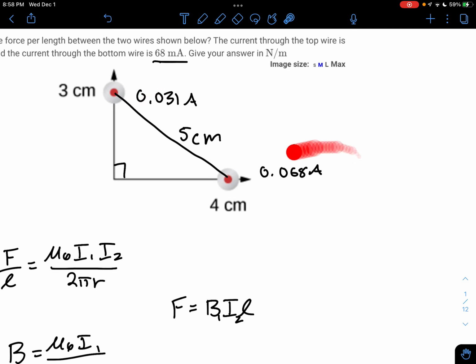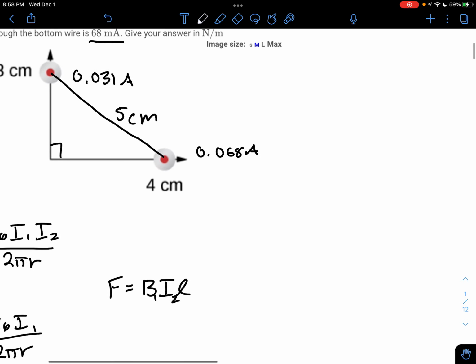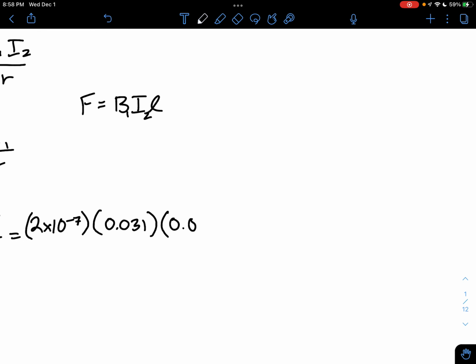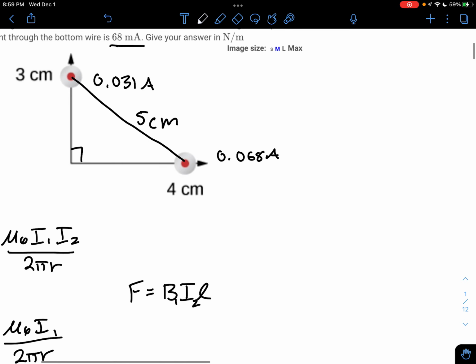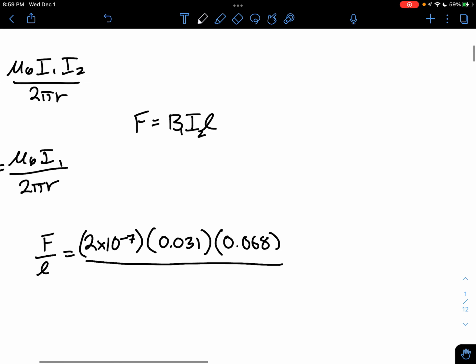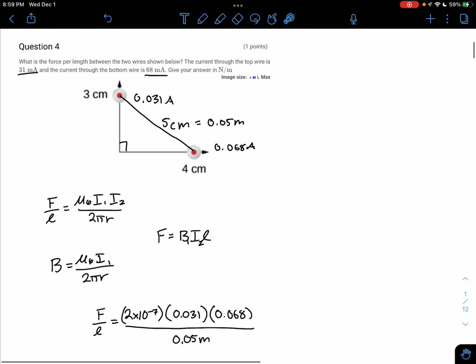So I1, I2, or I2, I1, it doesn't really matter. 0.031 and 0.068, all over what we just said was our r, which is 5 centimeters or 0.05 meters. Evaluating this out is going to get you your answer for this question.